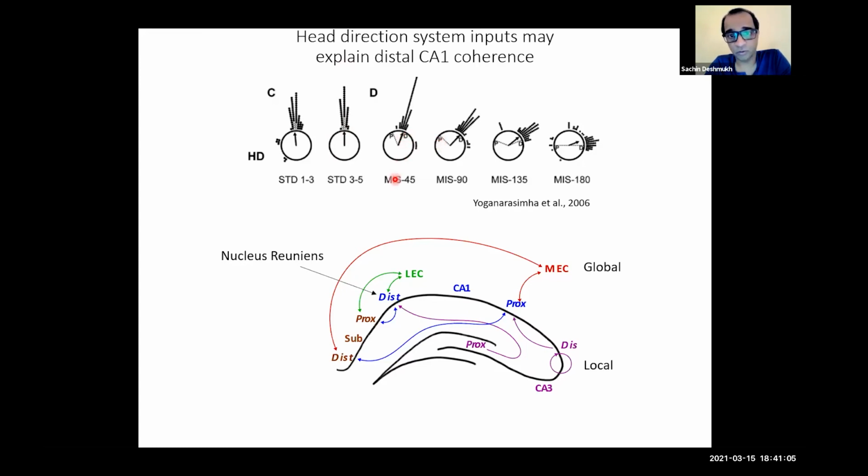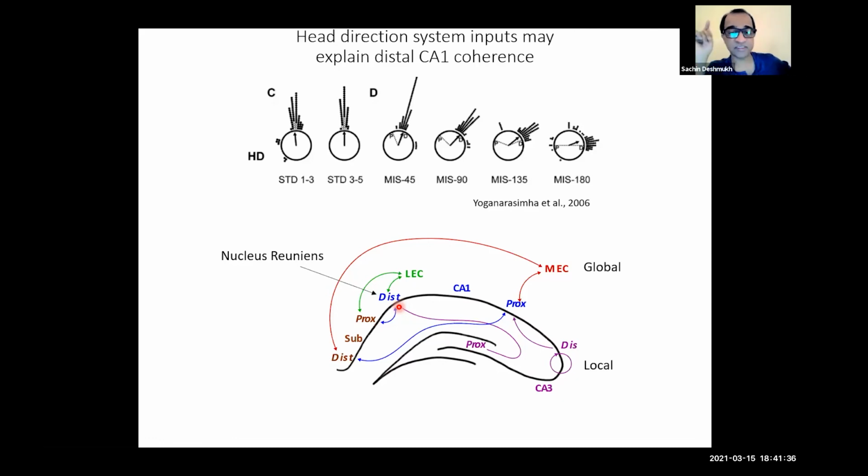But when you look at standard versus mismatch correlations, those tend to rotate with distal or global cues very coherently, and very few neurons tend to rotate with proximal cues, local cues. And you have that kind of information coming from nucleus reuniens to area CA1, the distal part of area CA1. So that might be sufficient to drive distal CA1 to very coherently represent space.